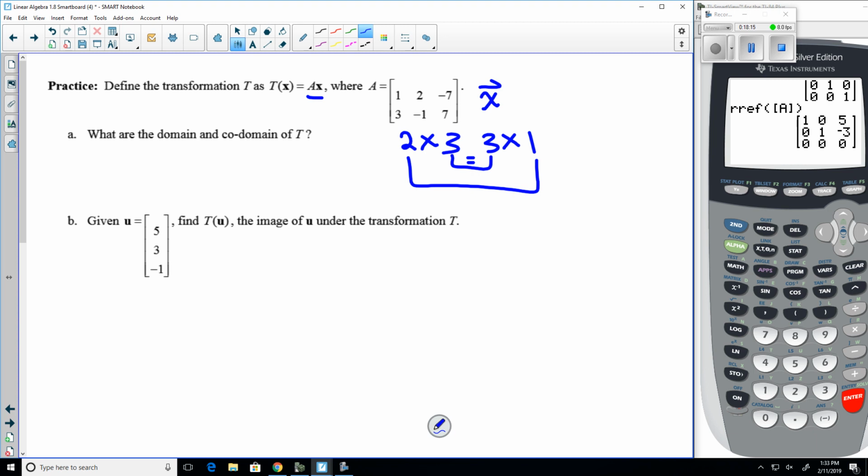This is the output. Be 2 by 1. So the inputs are vectors in R3. The outputs are vectors in R2. That means the domain is R3, and the codomain is R2.